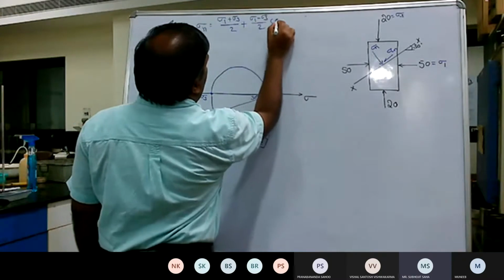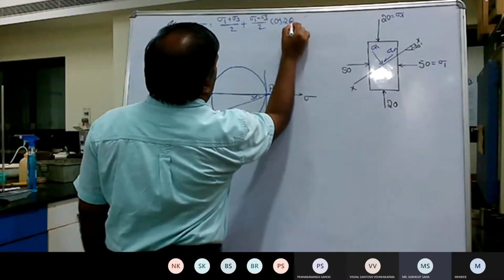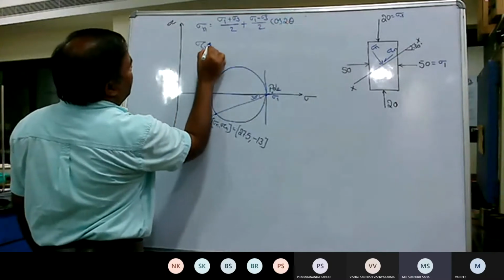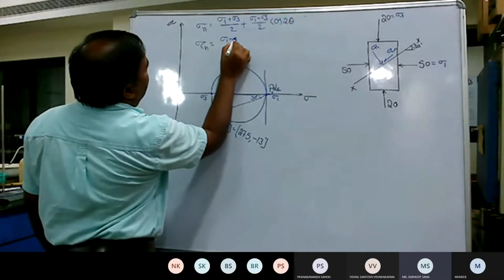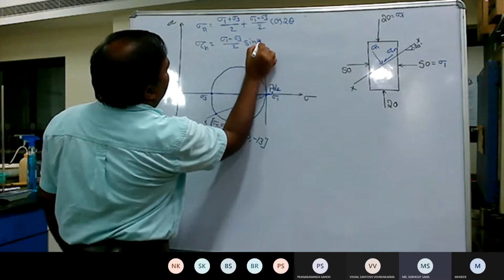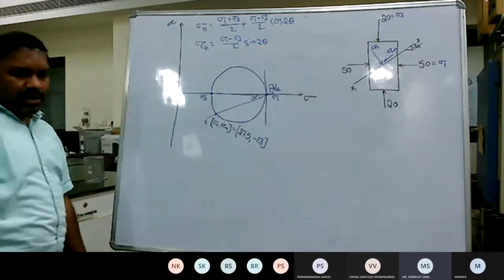Then what about tau n? Tau n is (sigma 1 minus sigma 3) by 2 sin 2 theta.